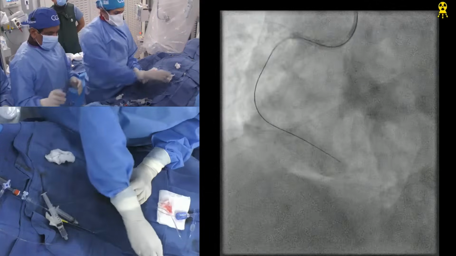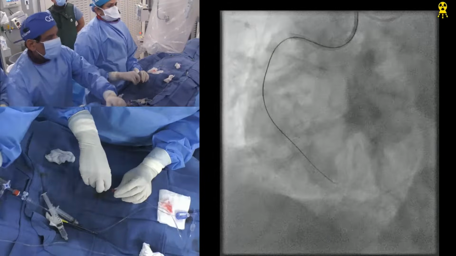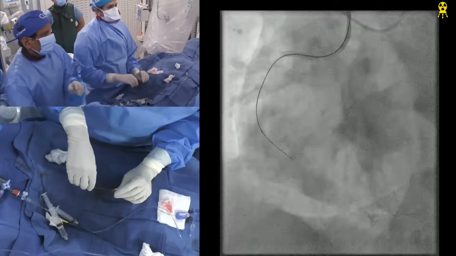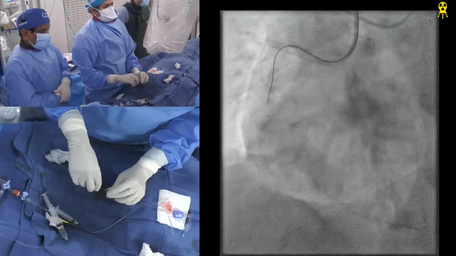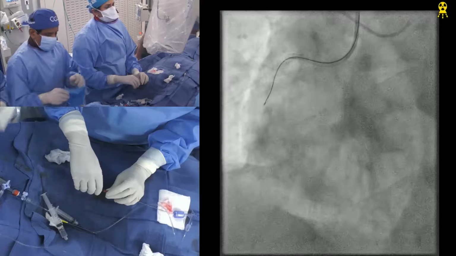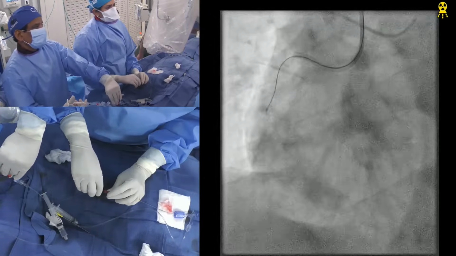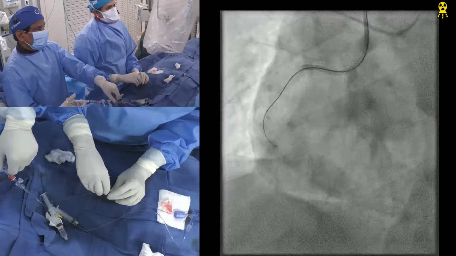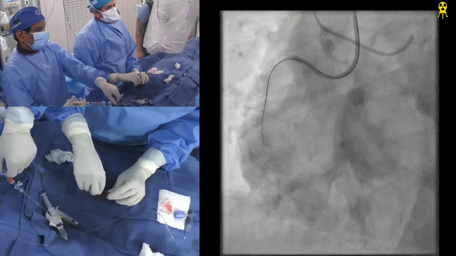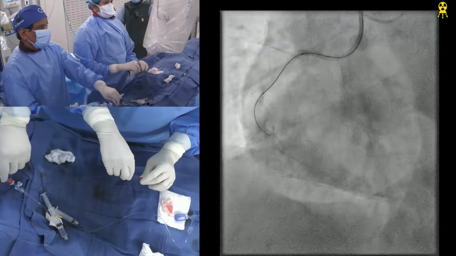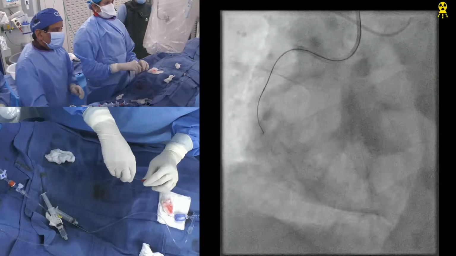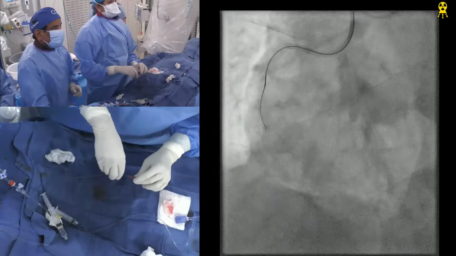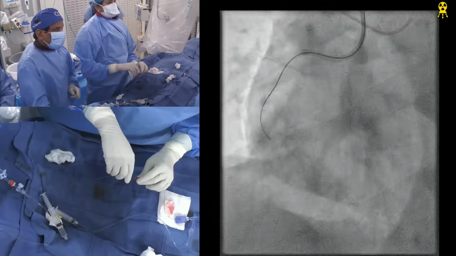No, please. You want to see retrograde a little bit? No. Antegrade little dye, so I know exactly where I'm pulling back. Mm-hmm. Oh, there. It definitely makes the curve like that.